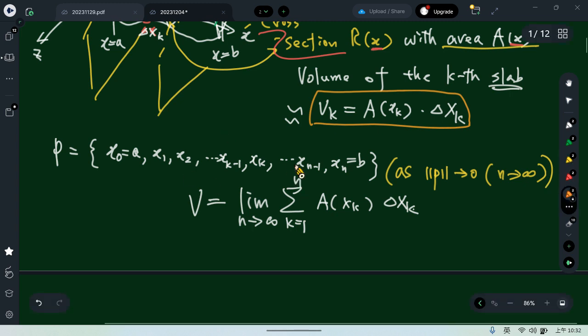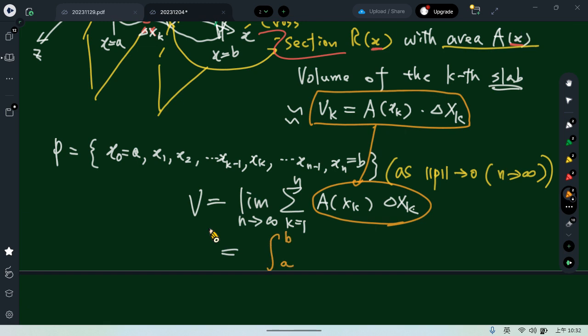So you can see each small portion, we sum them together, and finally we take the limit of this summation, then we can get its value. Finally, it becomes the integral from a to b of A of x dx, right? You can simply map A of s to A of x, and delta s to dx.